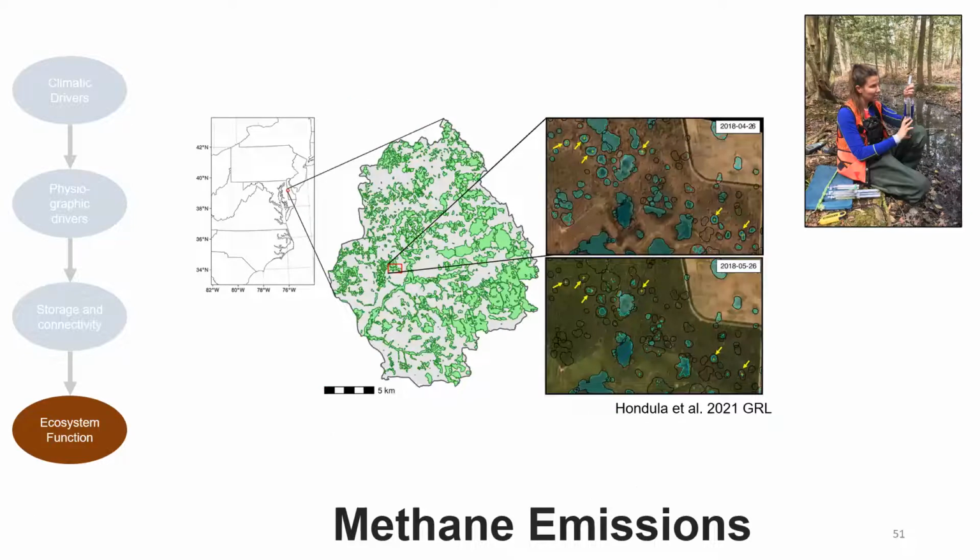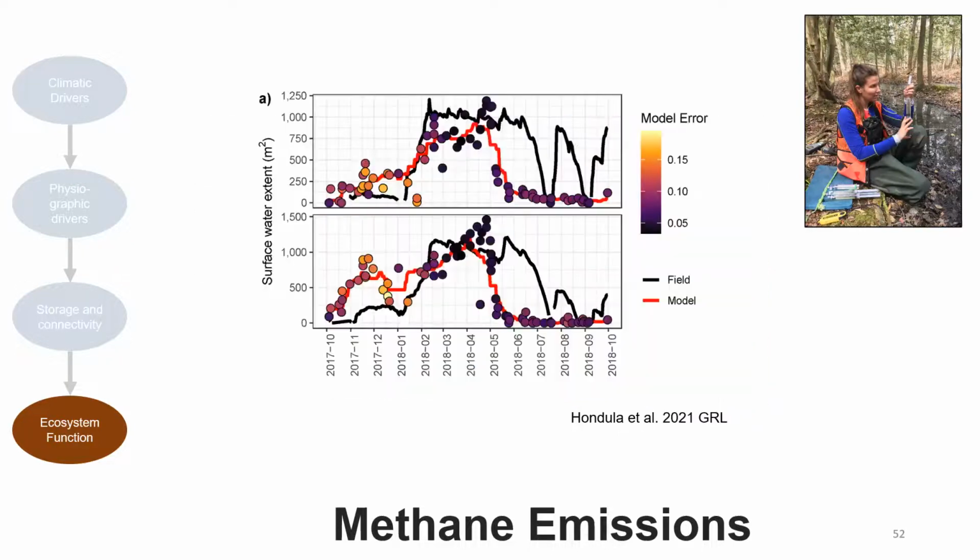She wanted to scale this up, and ask what do these methane emissions mean? So she took a watershed approach, and we identified all the potential wetlands in that watershed. And then she used a deep learning algorithm to try to track inundation using Planet imagery across those wetlands. I don't have time to talk about this today, but this is a really big effort. And as you can see on this plot, it didn't quite work.